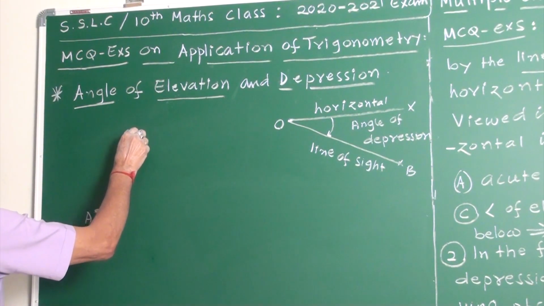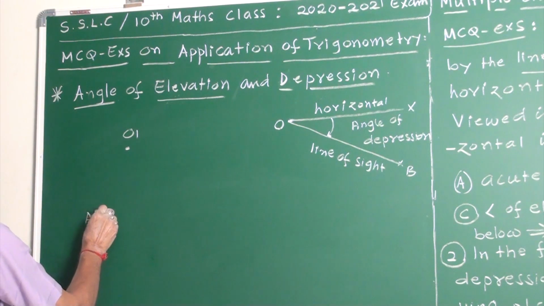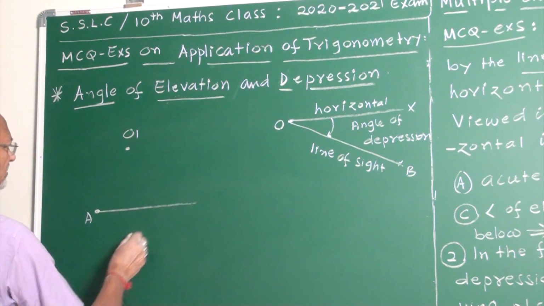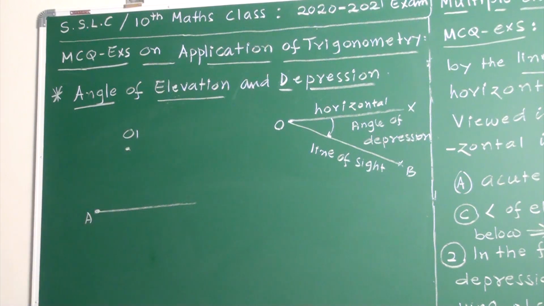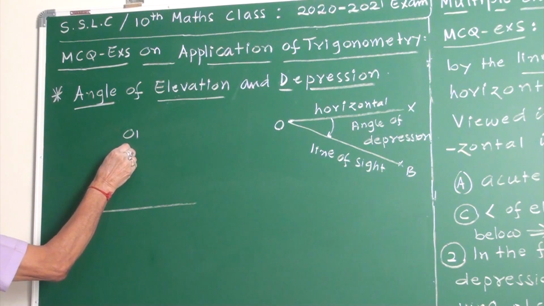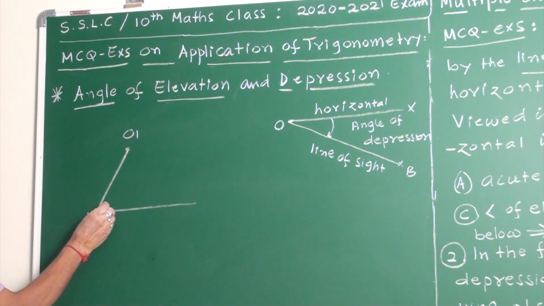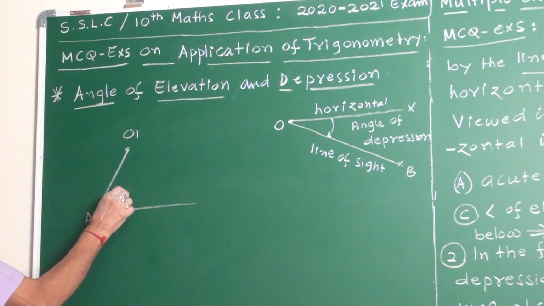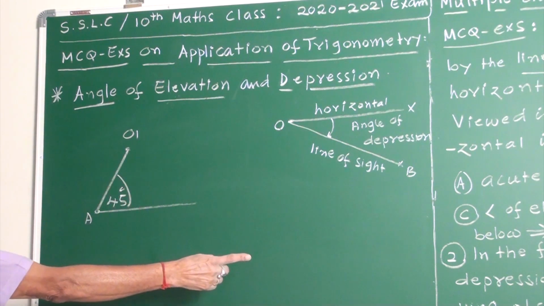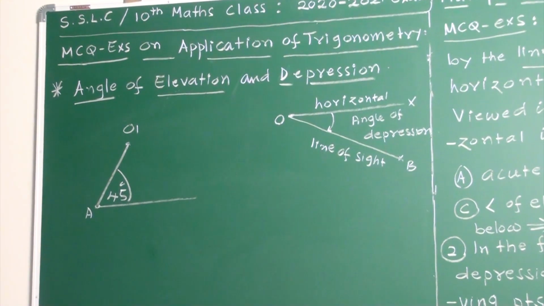This is the first observing point. This is the given line. Then this angle is given as 45 degrees.